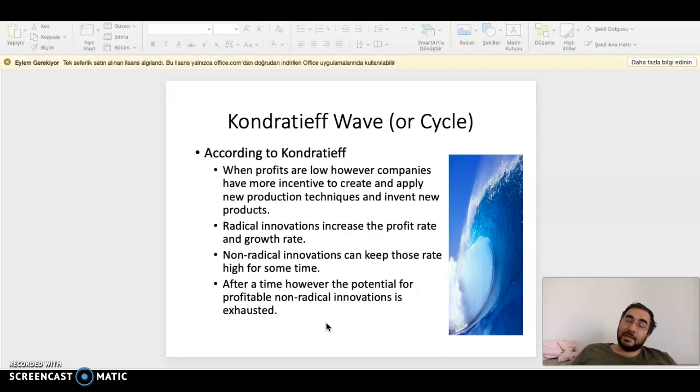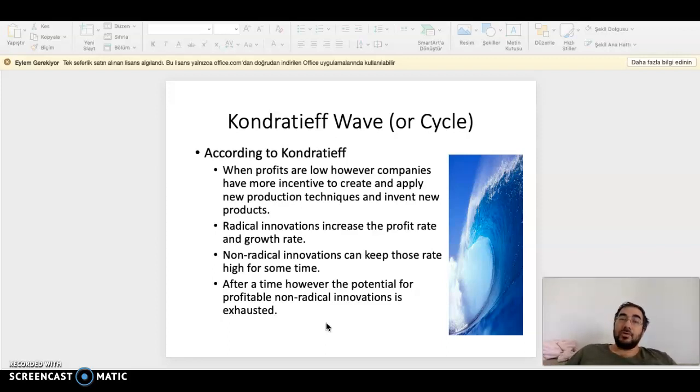and as time passes, these radical innovations will be more rare since the profit rate has gone up. However, this radical innovation has created a base of technology, and this base of technology can be developed by non-radical innovations. So if you have already discovered basic electronics or the steam engine, now you can apply the steam engine to different technologies, or you can apply the same knowledge of electronics to different fields.